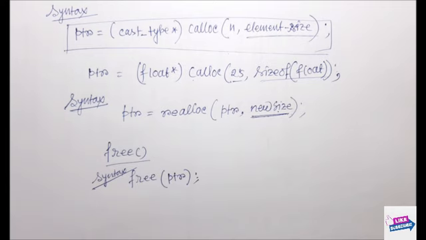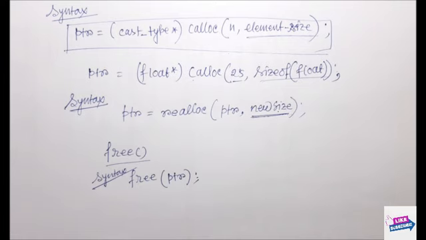So, we need to cast this void pointer according to our requirement. And one thing we have to remember is that whenever we pass an argument to allocate memory, the size, how many bytes are required, is always a positive argument. So, we can think of this variable as an unsigned integer.